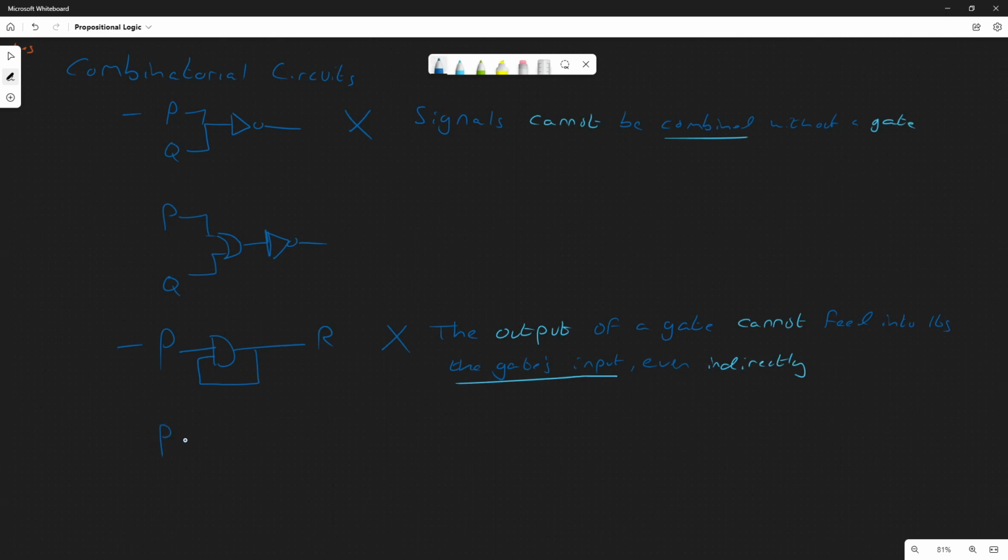You may not also have the same thing, which also midway along has a NOT gate, for example, which then splits and goes this way. This is also not allowed. So there can never be a path from the output of one gate to its own input. Follow these two rules and you have a circuit which is combinatorial.